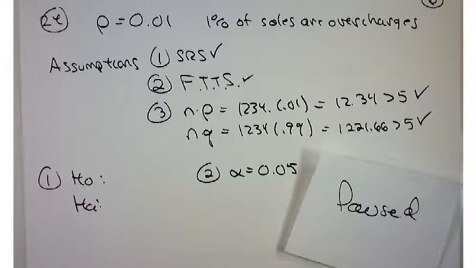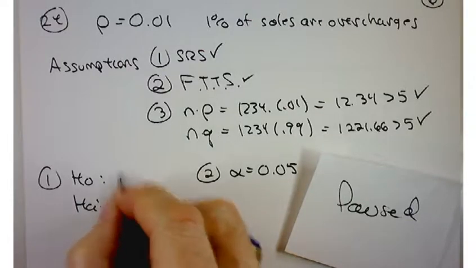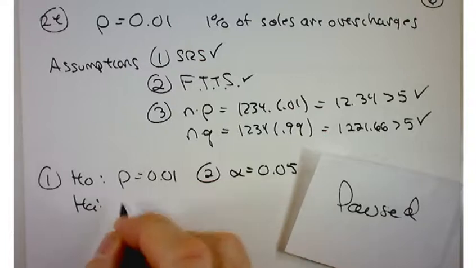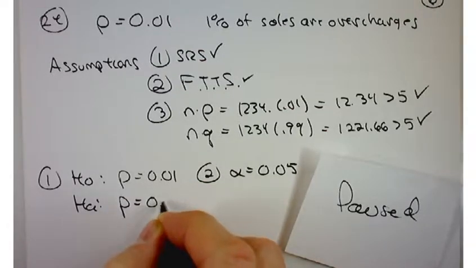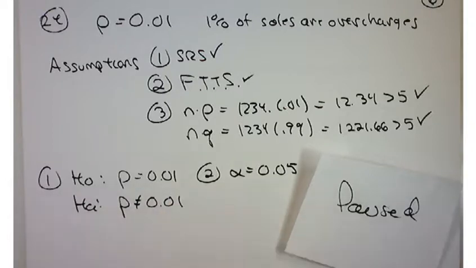Okay, Rachel, what would H0 and HA be, please? All right, P equals 0.01. What about HA? Perfect. So it's either equal or not equal.